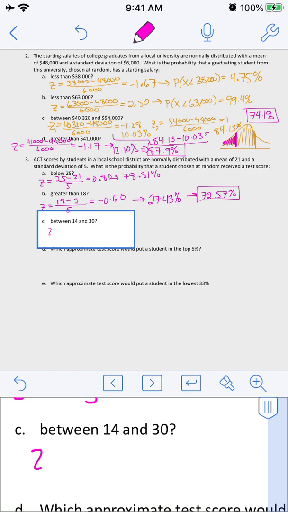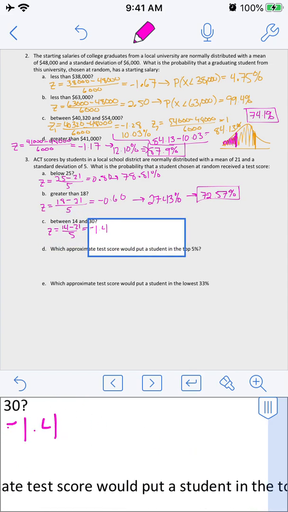Well, I'm going to need a z-score for both. So a z-score for 14 would look like that, negative 1.4. Since I don't like flipping back and forth a whole bunch, especially on my iPad or phone, I'm going to do both z-scores and then go find both percents. Totally up to you. The second z-score would be 30 minus 21 over 5.